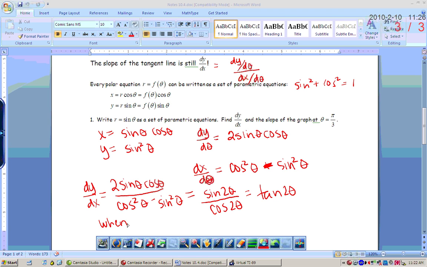So you like a challenge? Okay. So when theta is pi over 3, dy dx equals the tangent of 2 pi over 3.